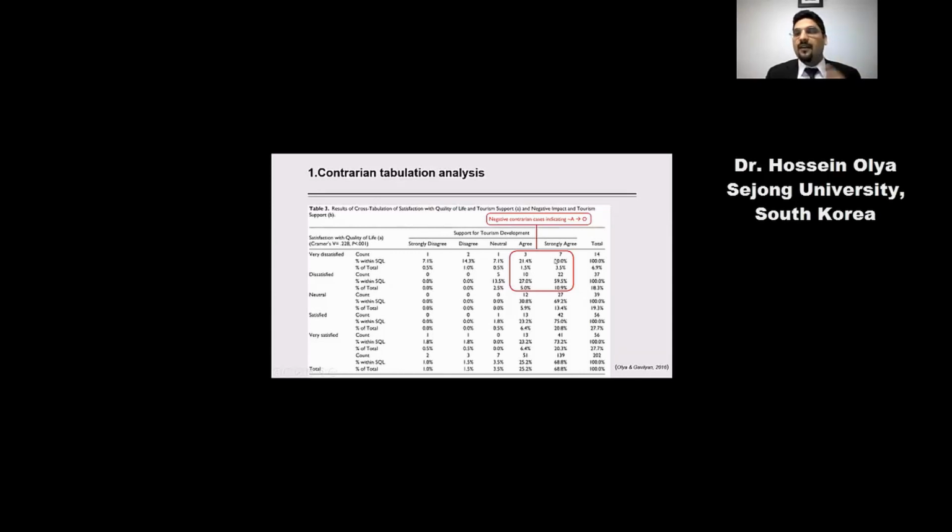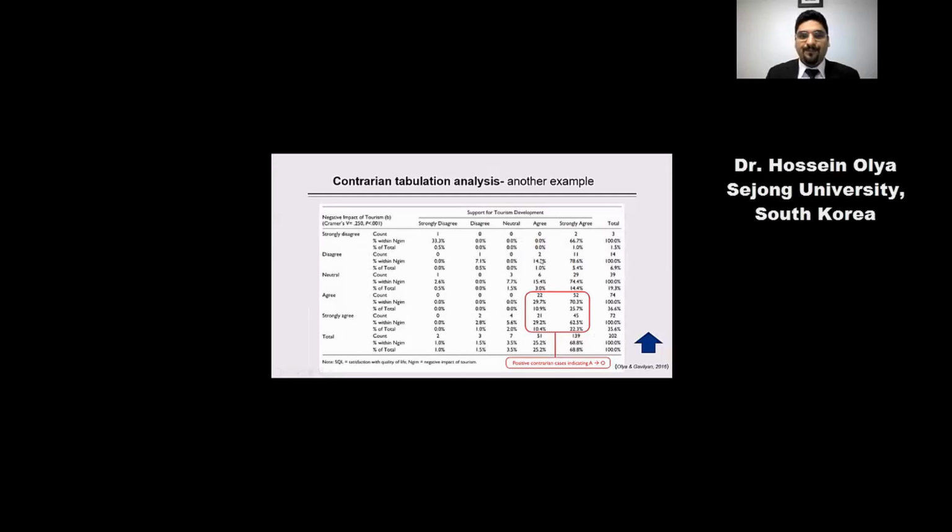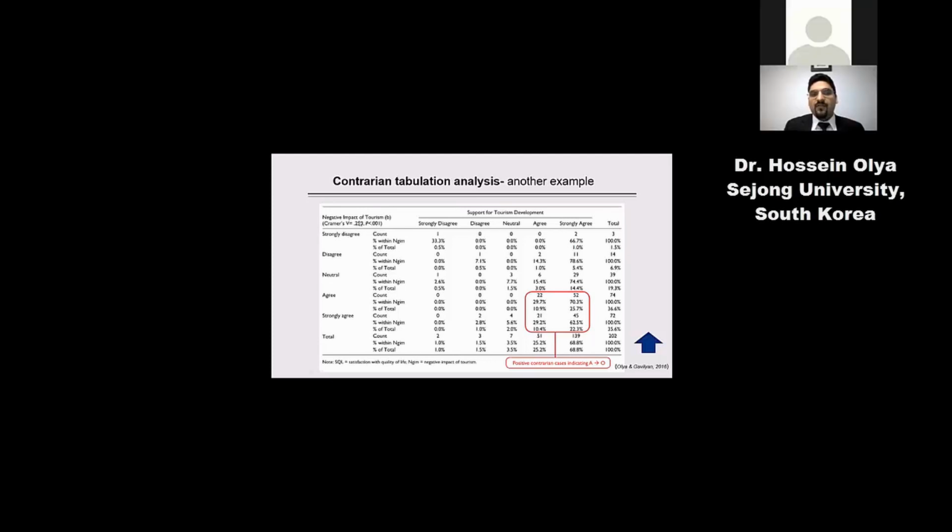It's not like conventional research, where we ignore their view. Let me take another example. Still, we have support for tourism development as an outcome. The indicator here is the negative impact of tourism. Again, based on social exchange theory, we expected residents who perceive a high level of negative impact of tourism to show less support.